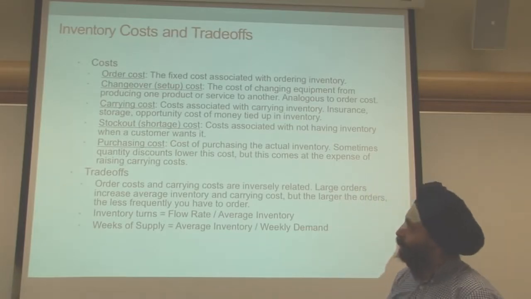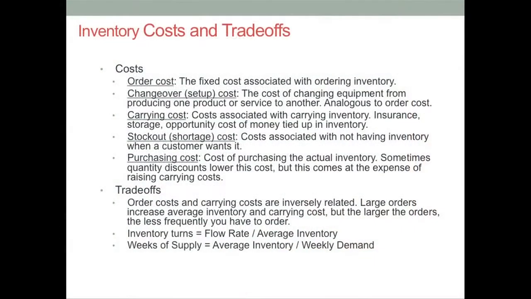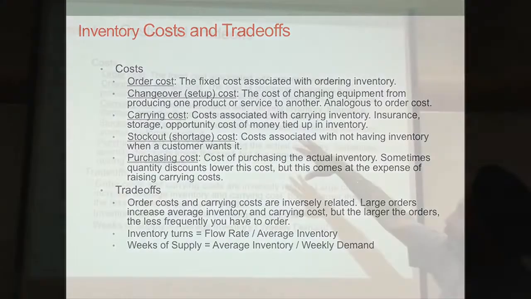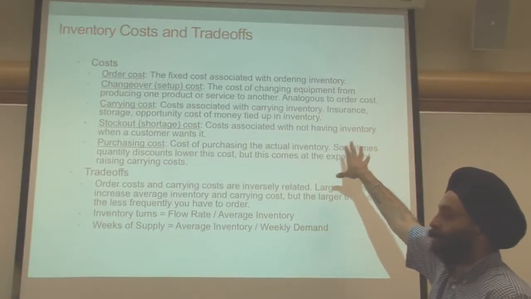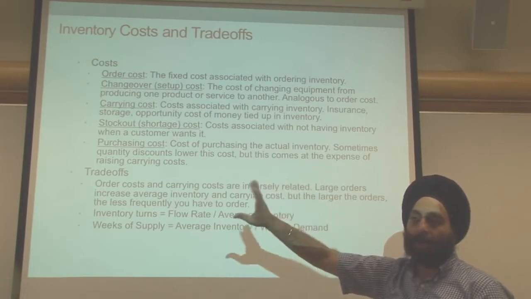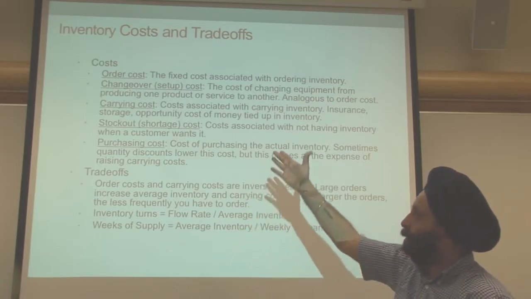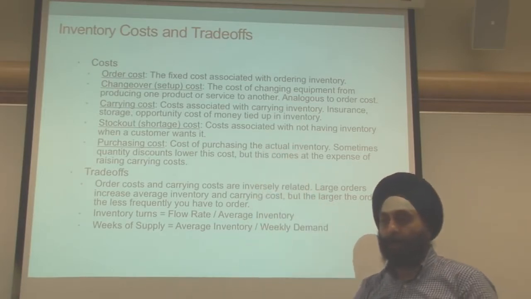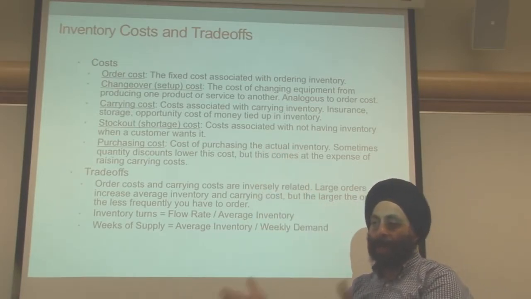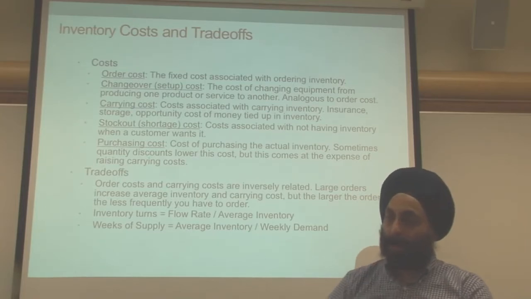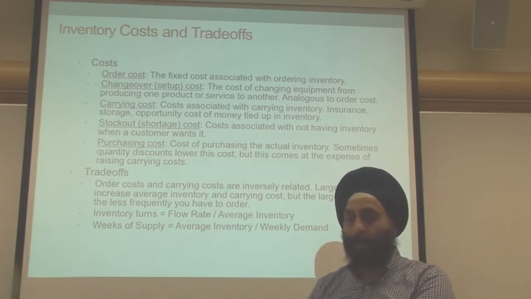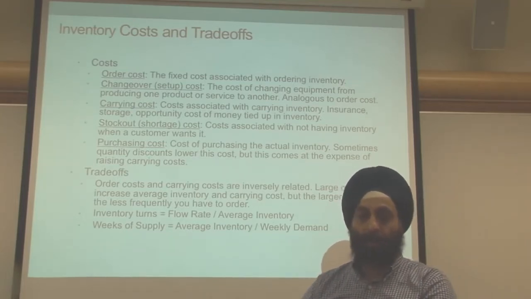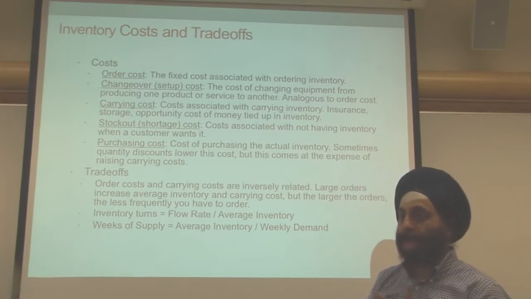Now, in terms of trade-offs, you can see a variety of inventory-related costs. You have the ordering cost, which is the fixed cost associated with ordering inventory. So every time you place an order, there's a cost associated with that. Every time you set up a machine, say a painting gun, from painting blue vehicles to red vehicles, you have to change the paint canister.